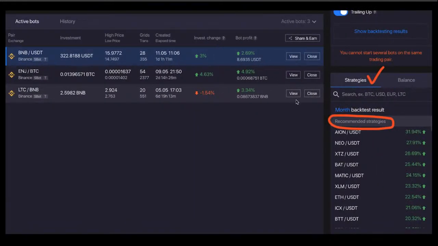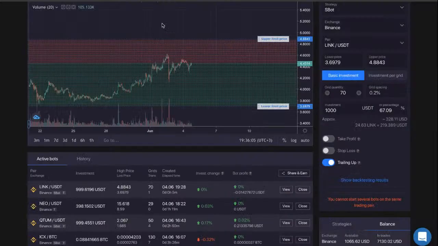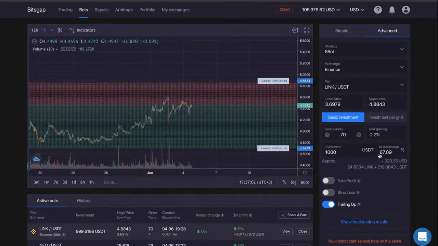So first of all, I already told you that we have recommended strategies. You see that here's a bunch of cryptocurrencies with pretty much decent returns. These are monthly returns. Basically you can click on each of these cryptocurrencies and then go to the advanced section.